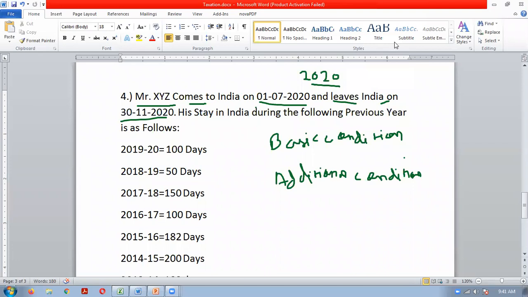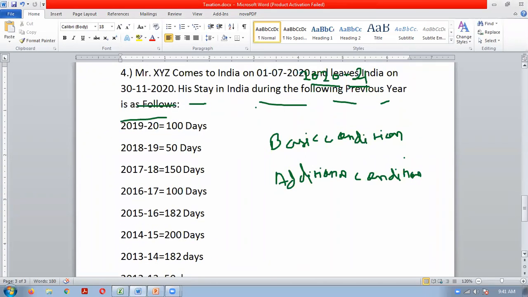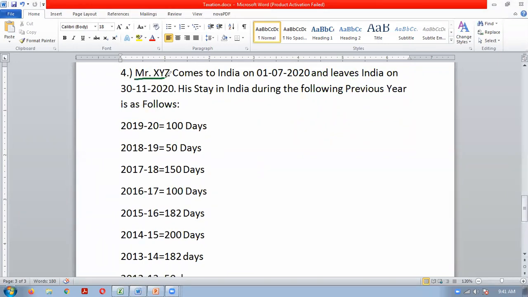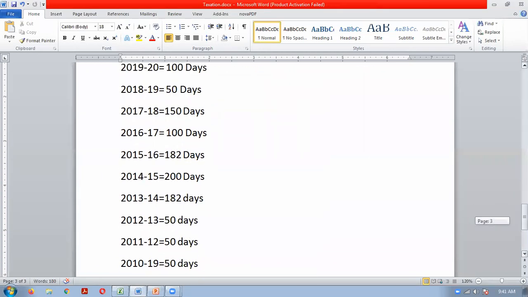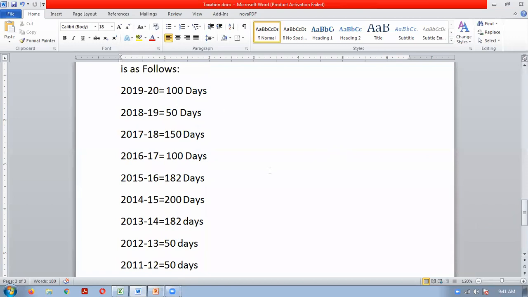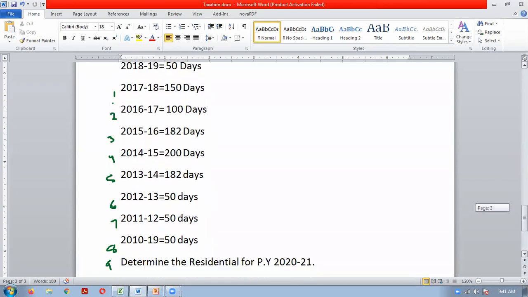If you see this question, past data is given for 10 years. Here we are given the data of Mr. XYZ: the number of days he stayed in India during the past 10 years. If you count, 1, 2, 3, 4, 5, 6, 7, 8, 9, 10, that is 10 years.